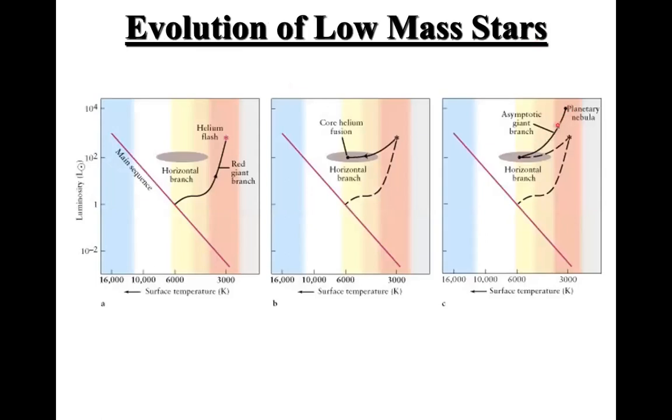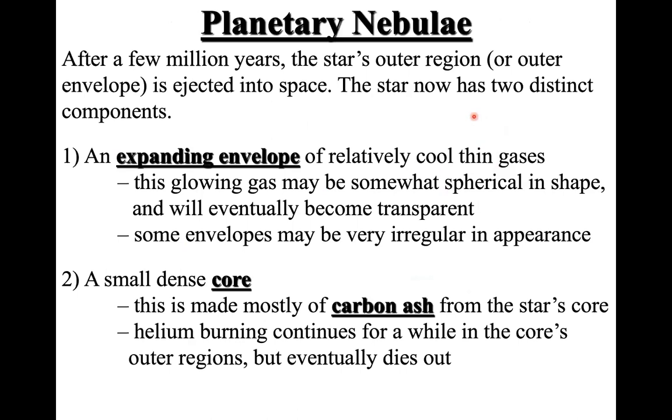After this asymptotic giant phase, with increased luminosity, the outer region of the star will be ejected into space, right? Remember, after having this large surface area, the outer region is somewhat far away from the inner region, so it is loosely bound gravitationally to the central region, and that outer region will be ejected into space.